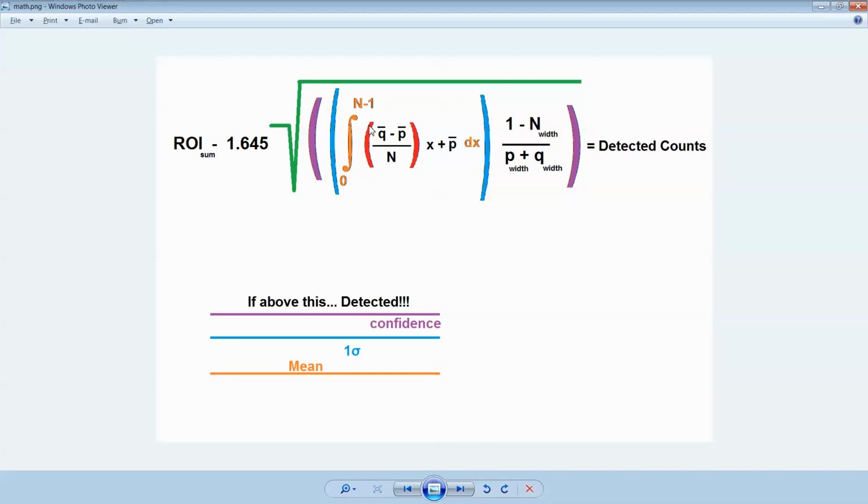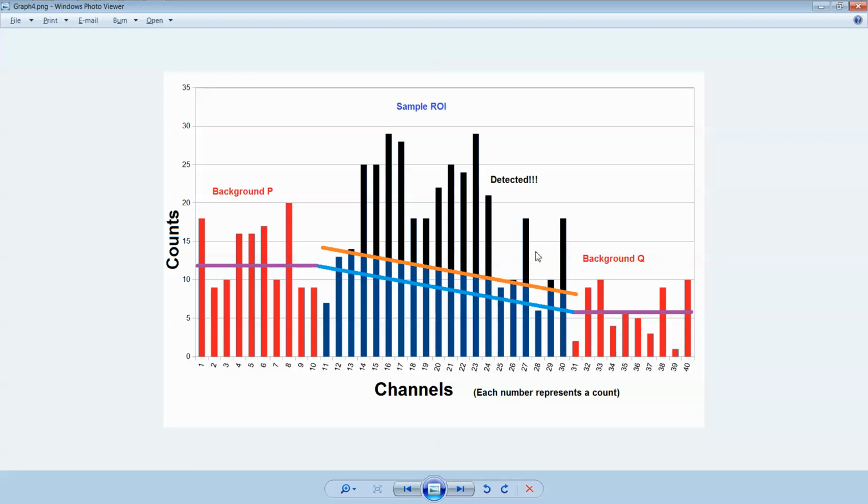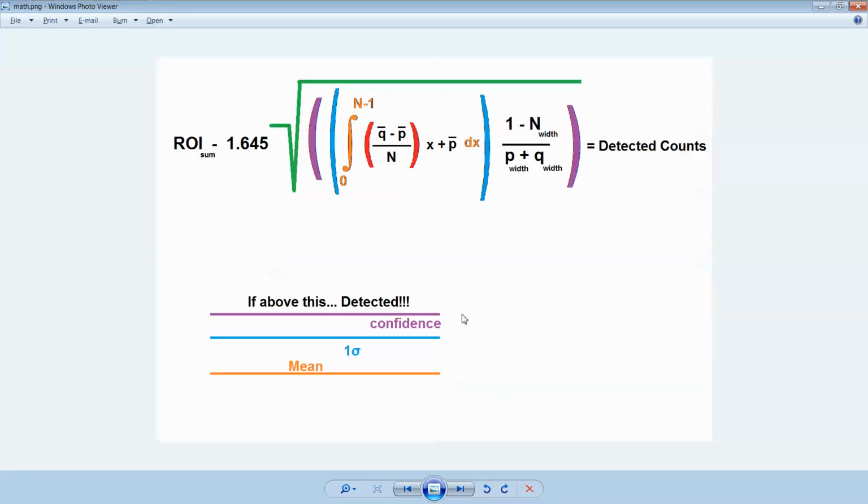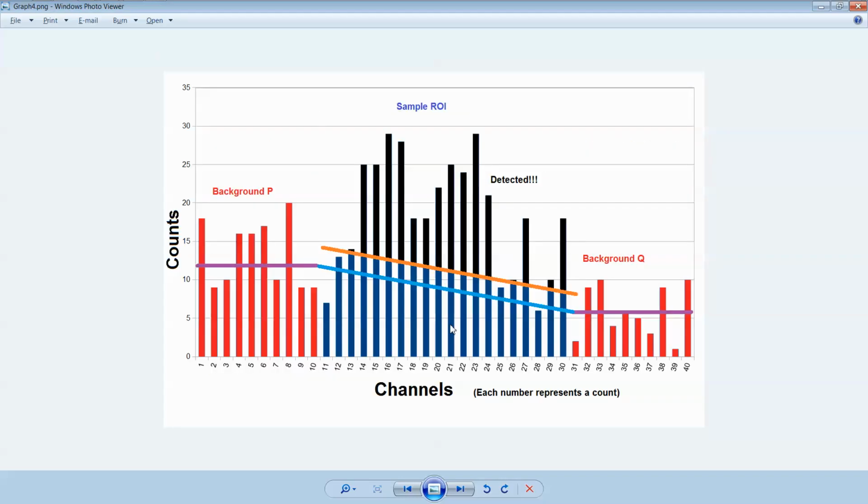I'm just simply saying take the change from P to Q, this minus this, divided across the number of channels that I have. That's basically a linear derivative is what it boils down to. It's kind of a ghetto way of coming up with it, but it's pretty simple. And then I just take its integral across. So you'll end up with this multiplied by the integral of x plus this multiplied by the integral of 1 dx. Anyway, when you're done with this, you come up with this area underneath.